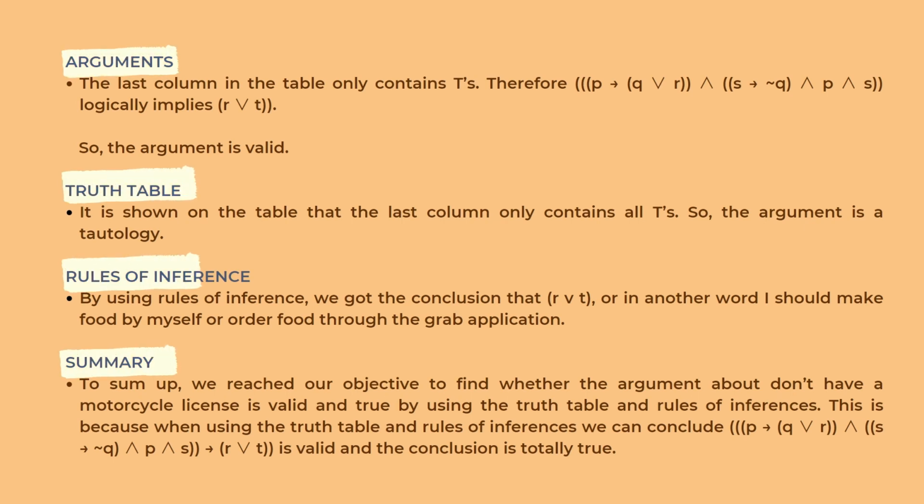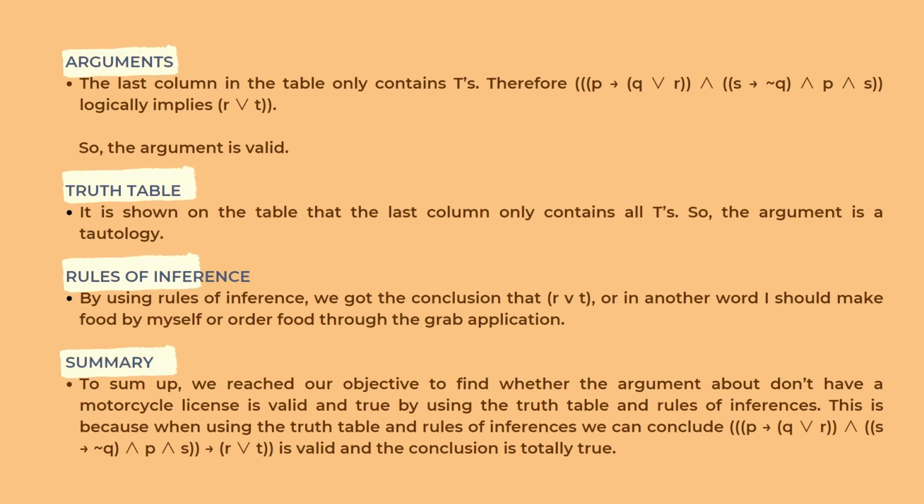Therefore, P implication Q disjunction R, conjunction, S implication negation Q, conjunction P, conjunction S logically implies R disjunction T. So, the argument is valid. For the truth table, it is shown on the table that the last column only contains all T's. So, the argument is a tautology.